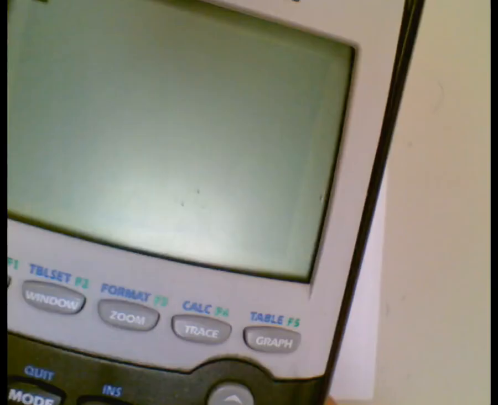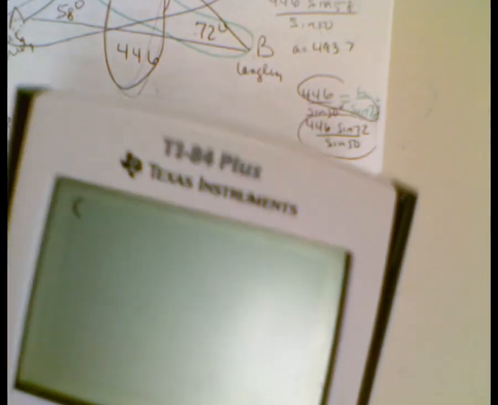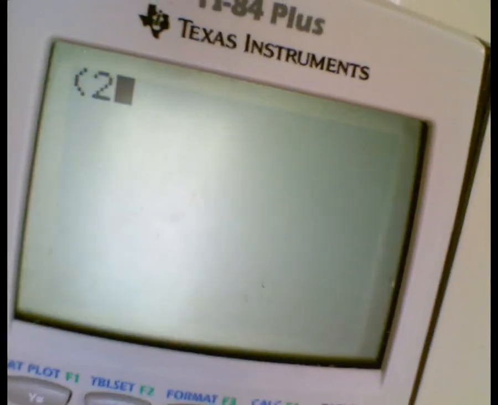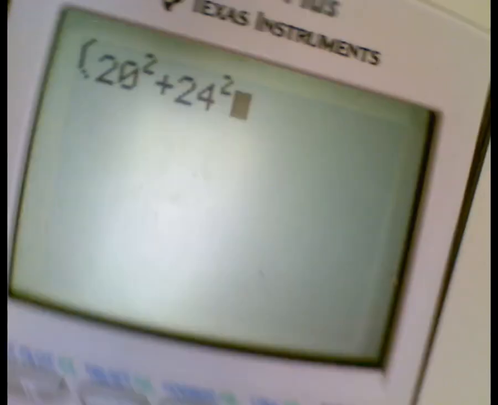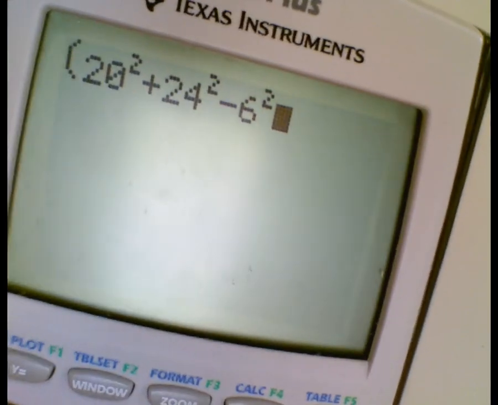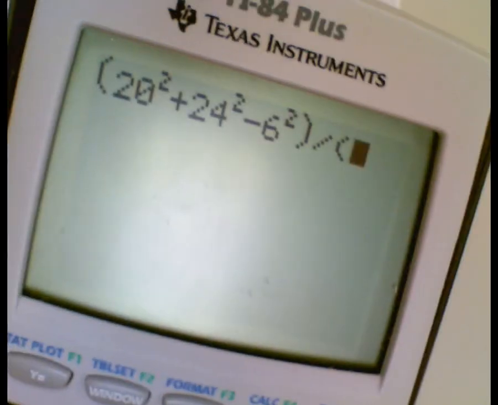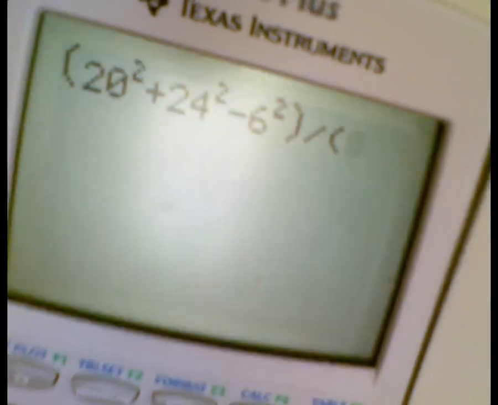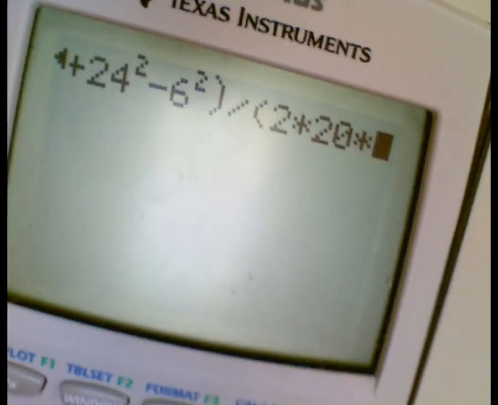So we're going to press parenthesis. Start by typing in a parenthesis, and then you're going to go 20 squared plus 24 squared minus 6 squared, parenthesis, divided by parenthesis, 2 times 20 times 24.